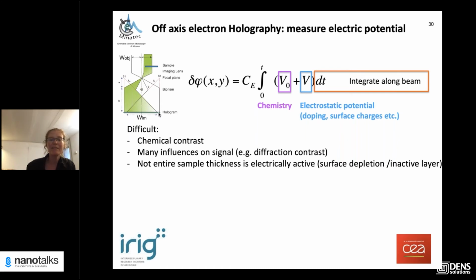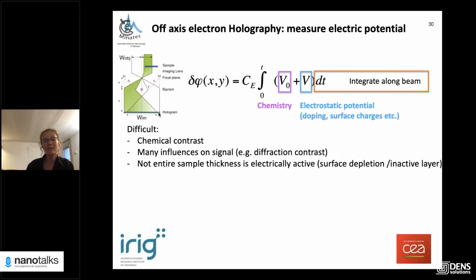The big advantage of this technique is that from the hologram you can reconstruct both amplitude and phase images. And in normal TEM, you only obtain the amplitude image. You lose the phase.